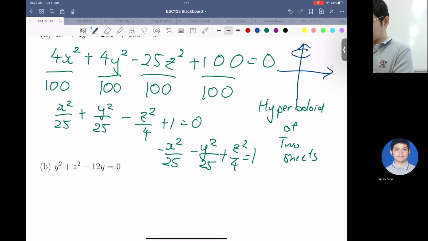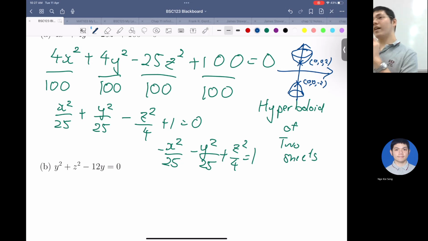So let's draw the general shape first. Something like this. So you need to find this intersection. What's this intersection? It is at z, where x equals 0, y equals 0, right? So z is minus 2 or plus 2. So up here is (0, 0, 2). Down here is (0, 0, minus 2). And then this should be enough to specify what this shape is.